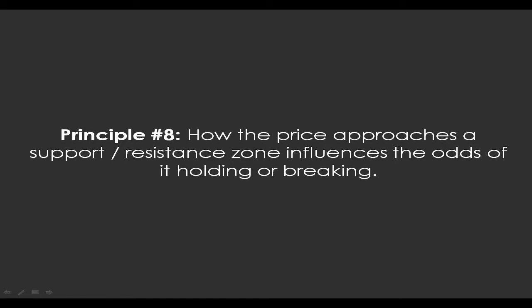Because it approached it already extended, already hitting an extreme, and it's likely now to be exhausted as it hits the support zone. Whereas if it had been coming towards that zone, then before it hit the zone, it had a nice long balance, and now it's breaking out of the balance to the downside towards that zone.